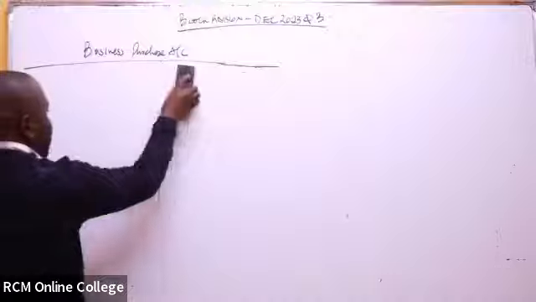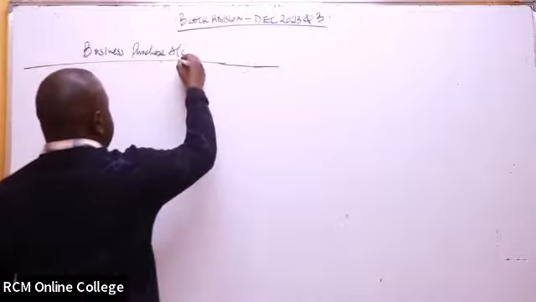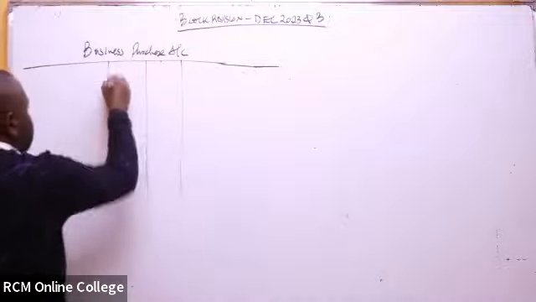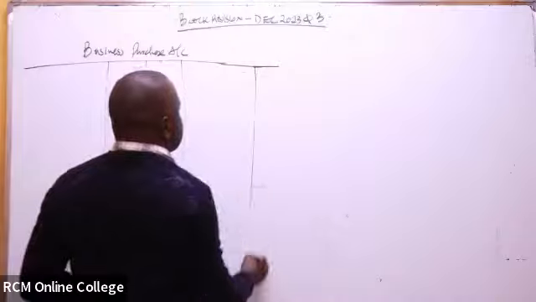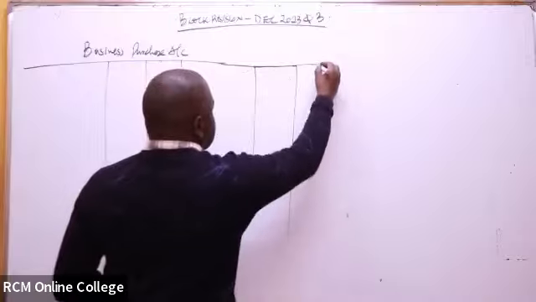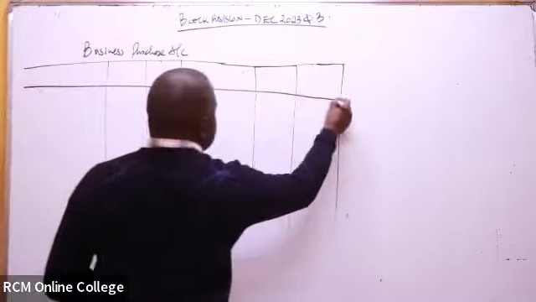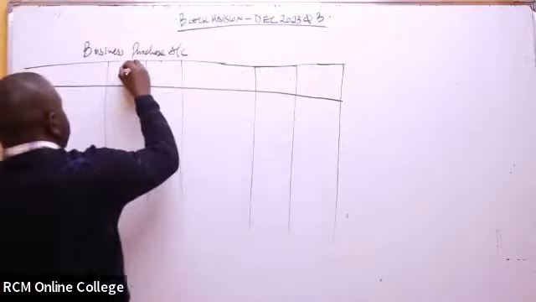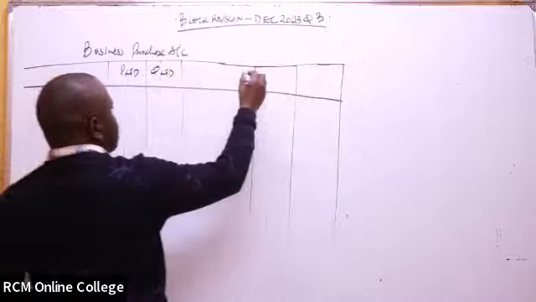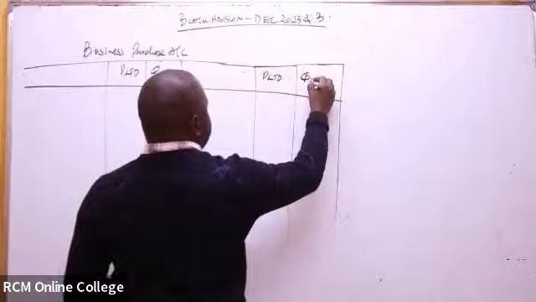So you'll end up having two columns there, P Limited and Q Limited.